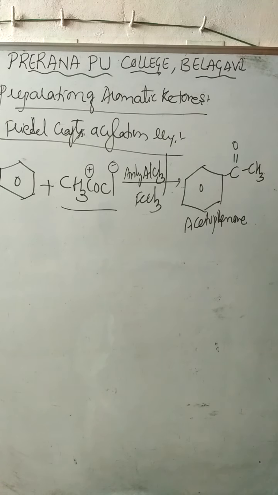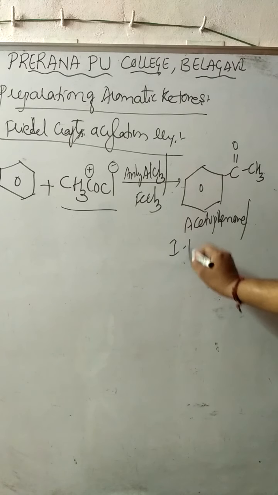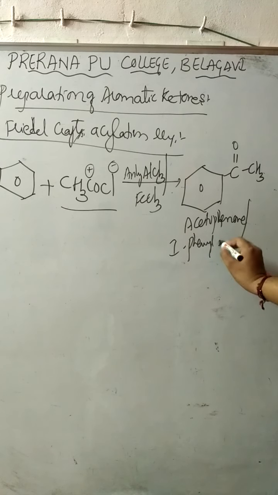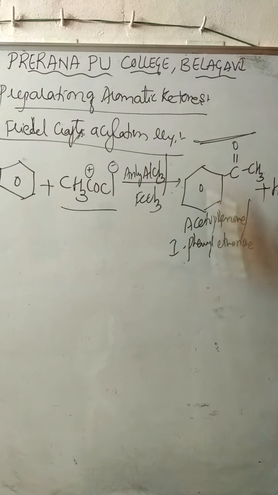So this acetophenone can also be called 1-phenylethanone, where this 1-phenylethanone or acetophenone is a ketone. Along with this ketone, there is a formation of HCl as a byproduct. So this particular reaction can be studied in the preparation of an aromatic ketone, which is called the Friedel-Crafts acylation reaction.